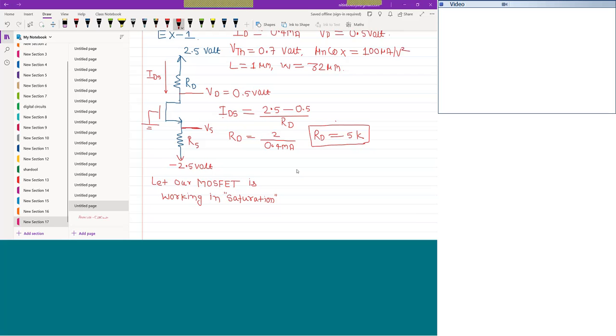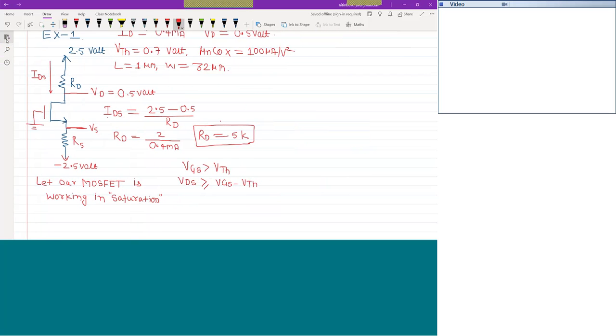We have two conditions: for NMOS, VGS should be greater than VTH and VDS should be greater than or equal to VGS minus VTH. जैसा आप ट्रांजिस्टर बीजेटी में करते थे कि बाय अज्यूमिंग द फॉरवर्ड एक्टिव रीजन आप सारे कैलकुलेशन करते थे, देन फिर कंडीशन आप चेक करते थे, वैसा यहाँ भी हम करने वाले हैं.